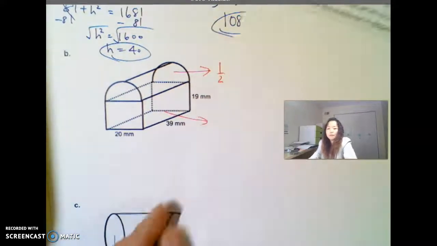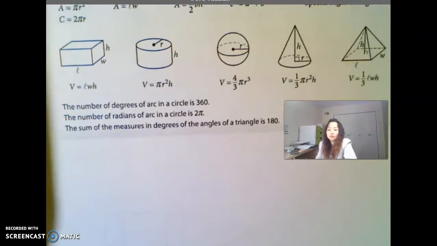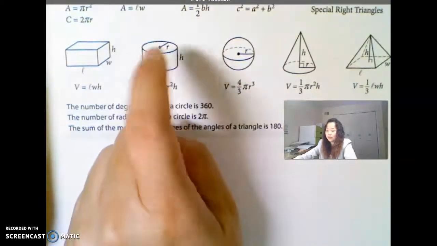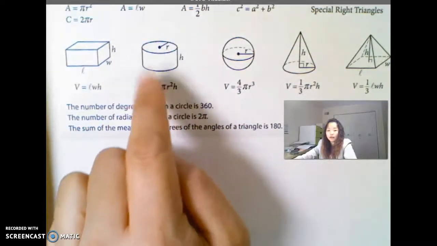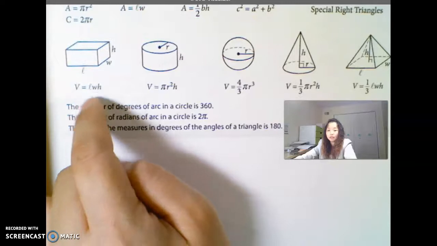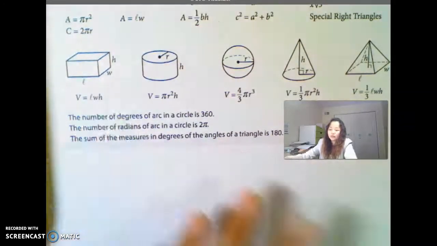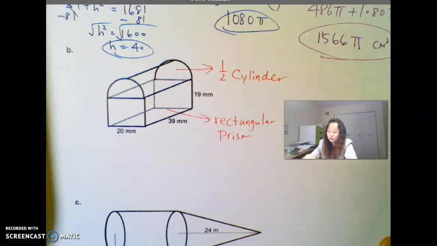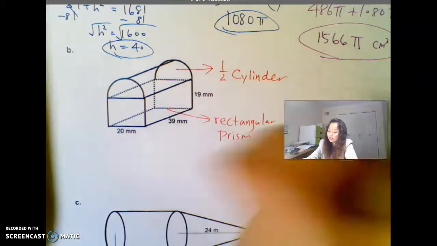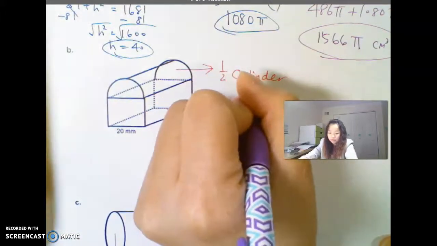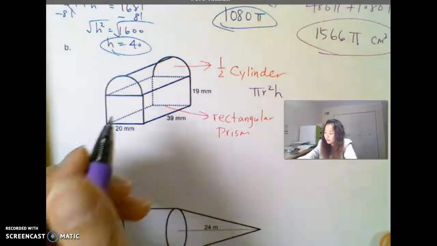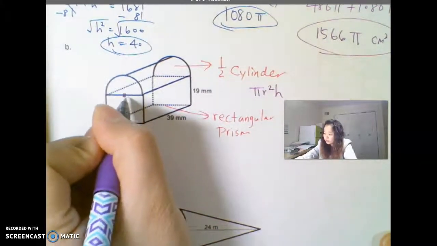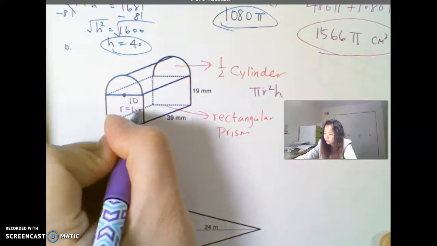So, back to the formulas. Do you see the cylinder? Yep, I see this. They cut this in half this way, right? So you have to do half of the cylinder and the whole rectangular prism. So the cylinder is pi r squared h. What's the radius? Well, the whole thing is 20, so this is 10. So r is actually 10.